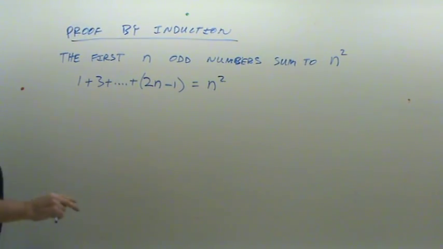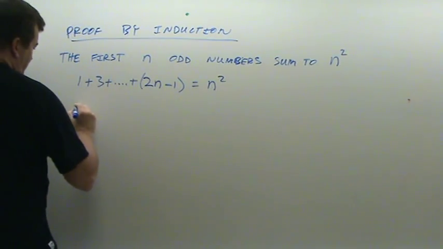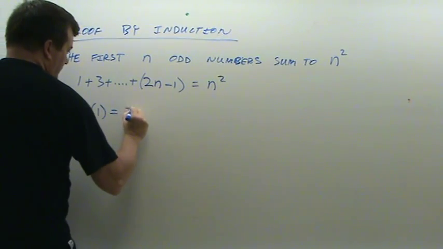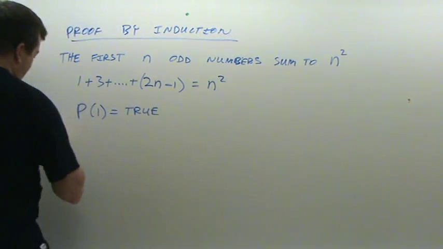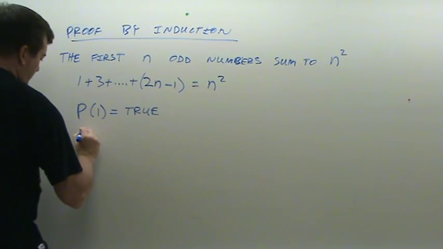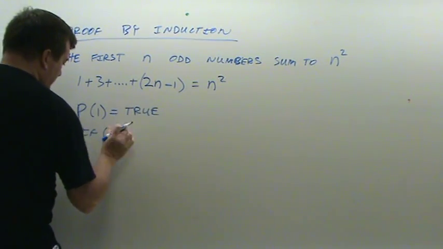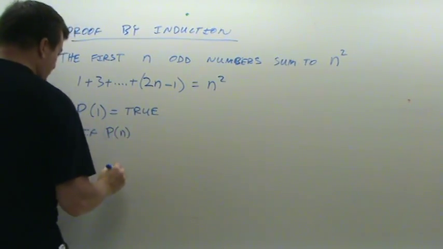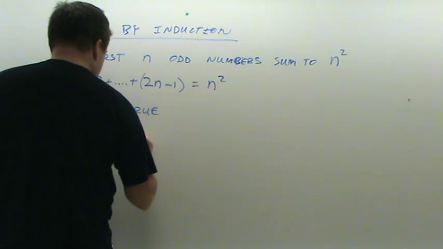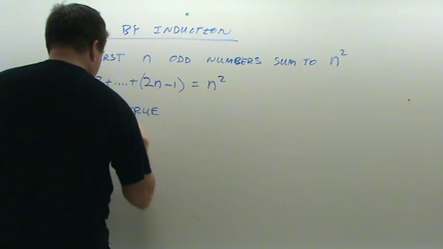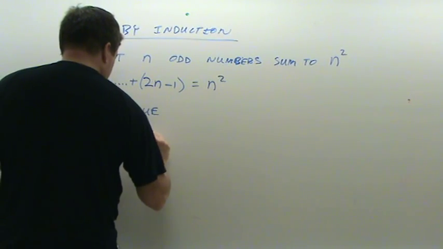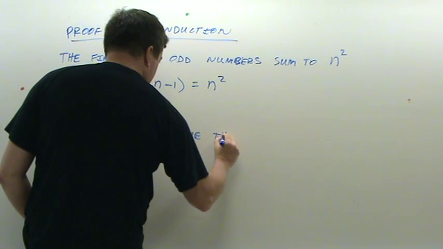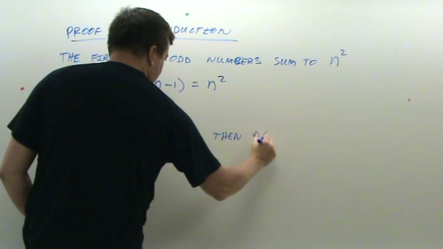The way we can prove it is, we could use proof by induction, where you say if it's true for 1, and if P, the property, if P of n minus 1 is true, then P of n is true.